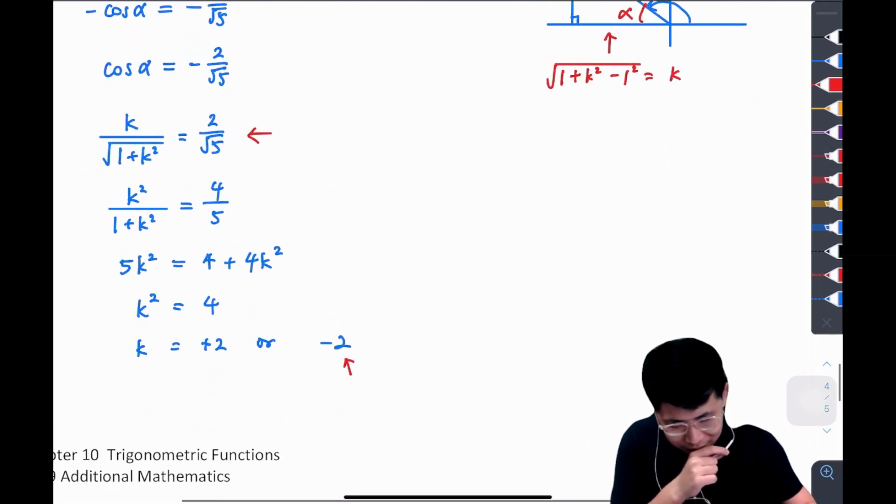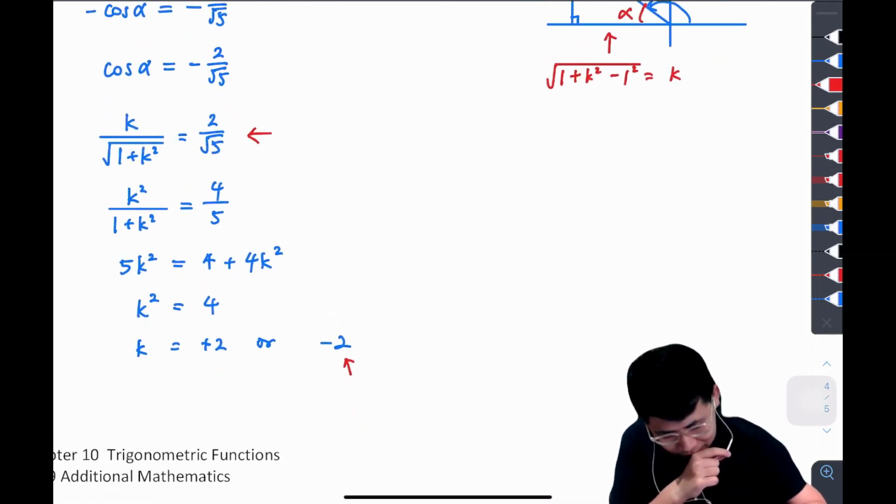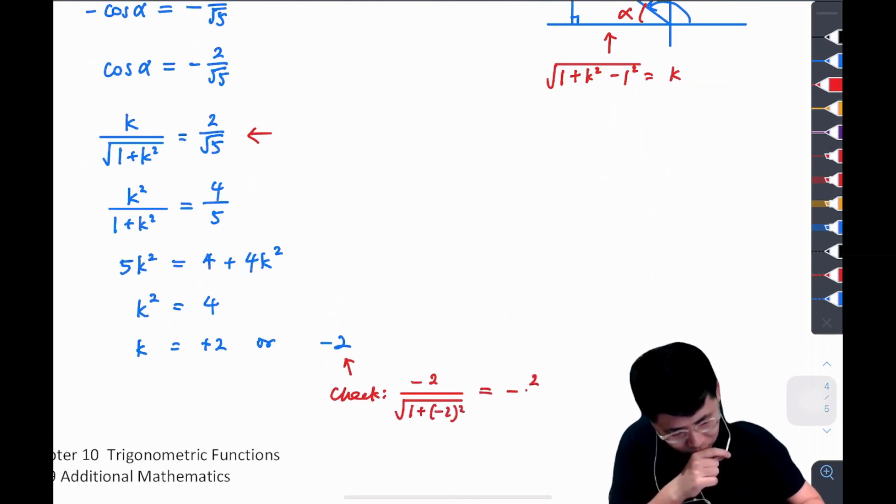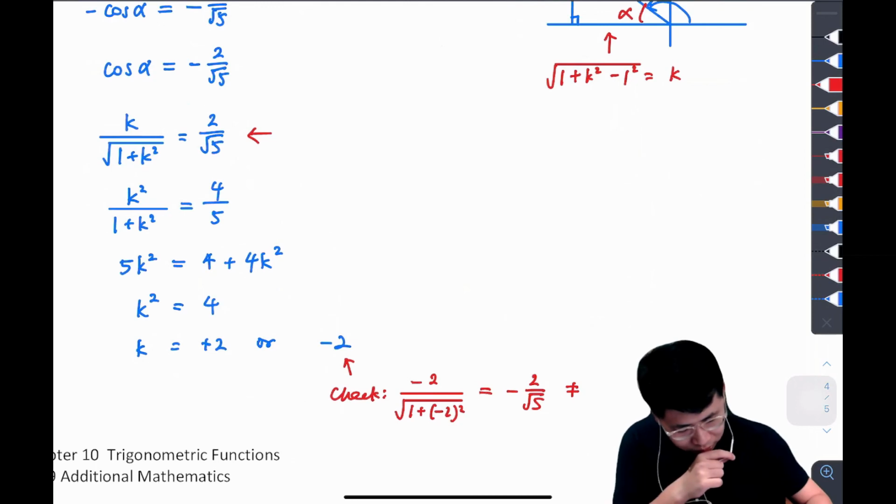If k is negative 2, this would be negative 2 over root of 1 plus negative 2 squared, so negative 2 over root 5, which does not equal 2 over root 5, the right hand side.